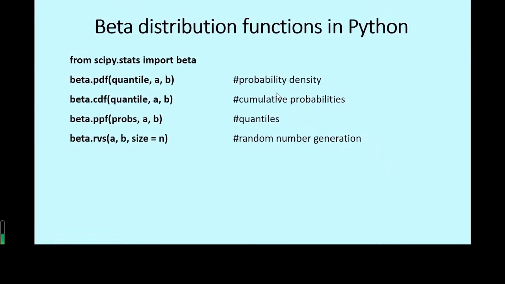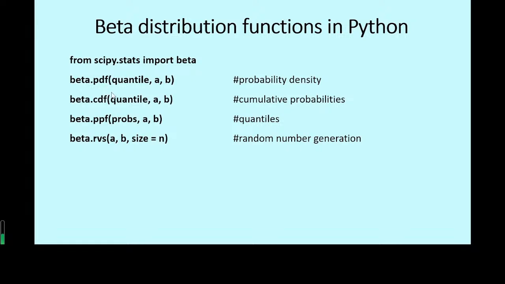In Python, if we want to use the beta distribution, there are four functions in the module scipy.stats beta. We first have to import beta from scipy.stats. The beta module has four functions.